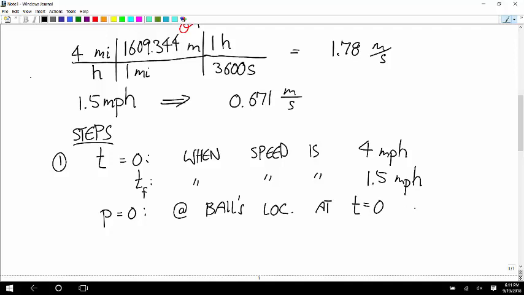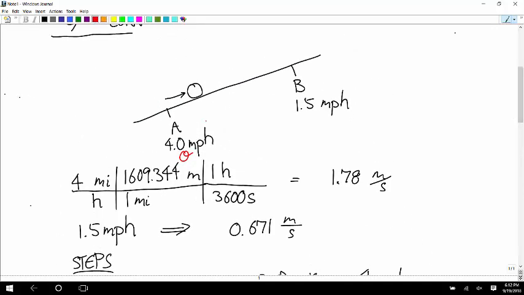And that has the effect of specifying that P initial is equal to 0. And then the positive direction, might as well choose the direction that the ball's rolling. So the direction of motion, we'll call this positive.